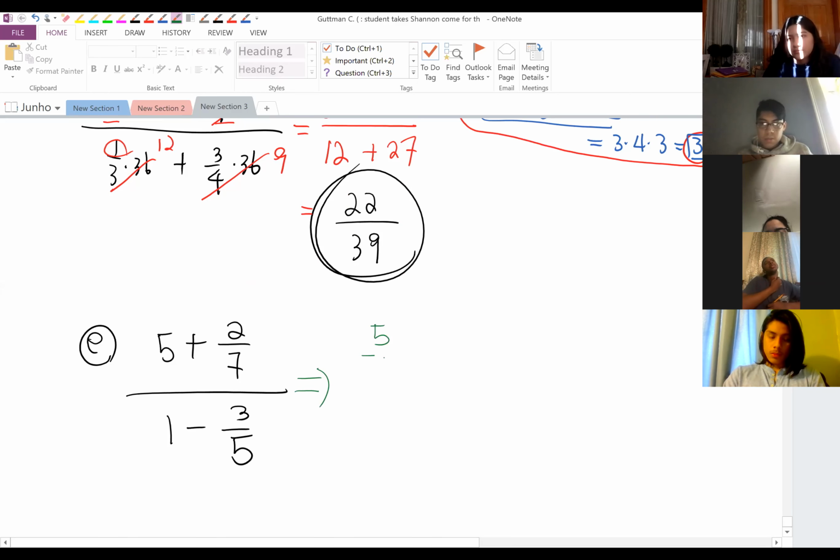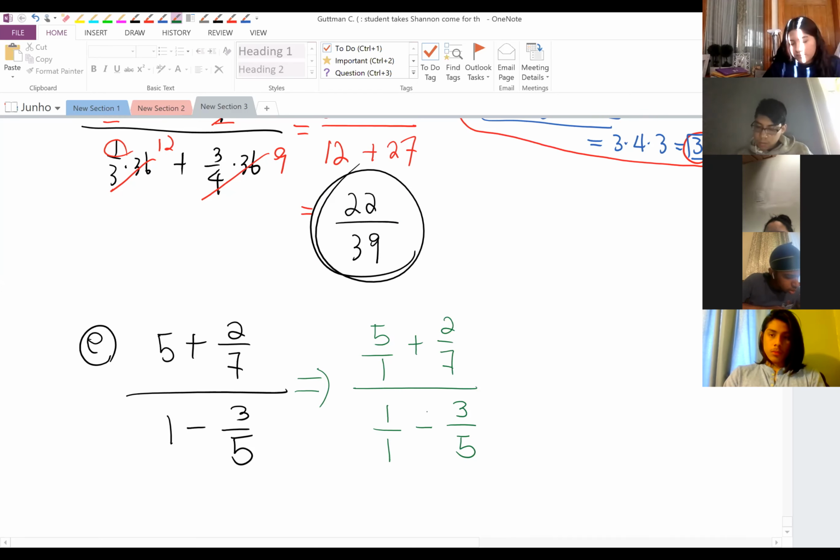So 5 over 1 plus 2 over 7, and then this also becomes 1 over 1 minus 3 over 5 here. Now it looks really familiar to what we have done so far. So what can be the LCD for this case? 35, exactly, 35.